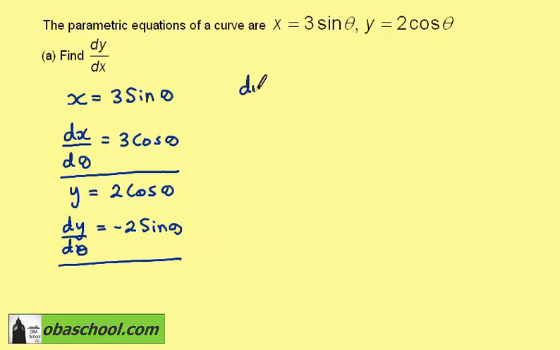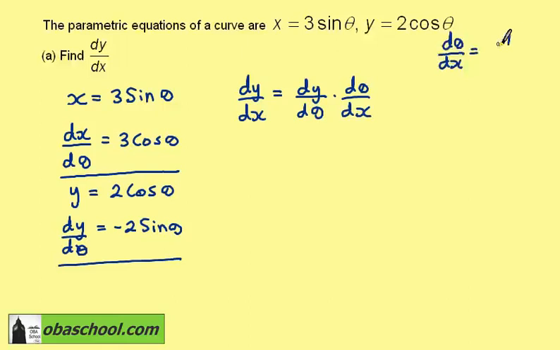We know that dy/dx can be written as dy/d theta times d theta/dx. And of course d theta/dx is equal to 1 over dx/d theta.